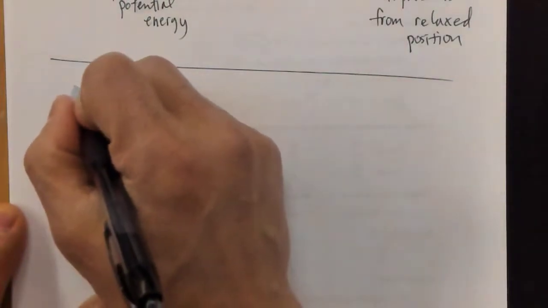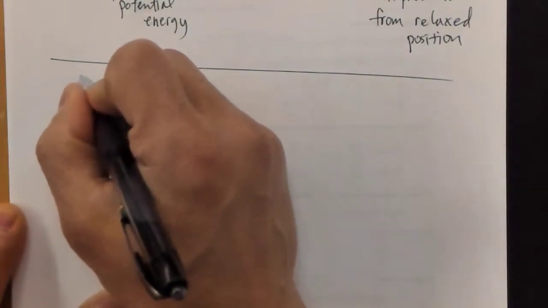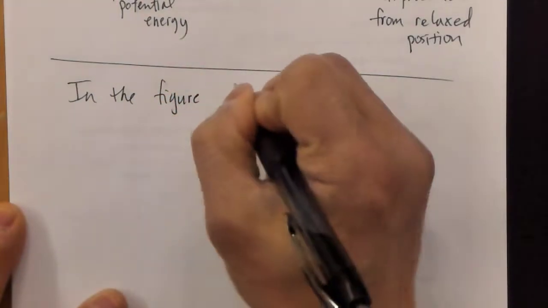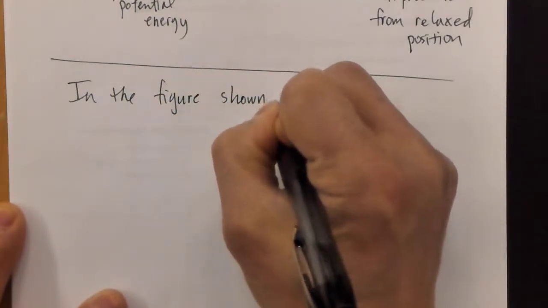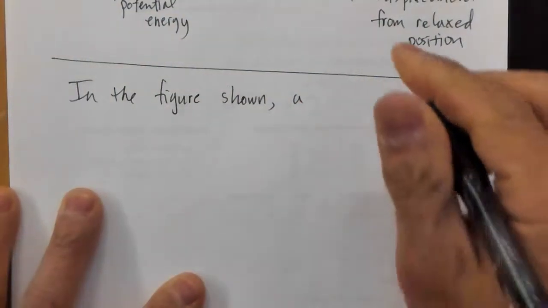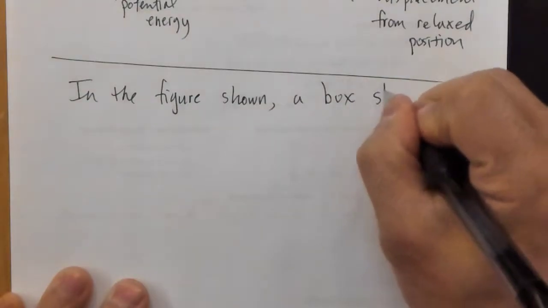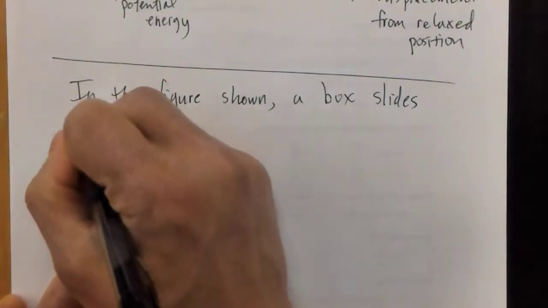Okay, so the figure shown, a box slides down a ramp.